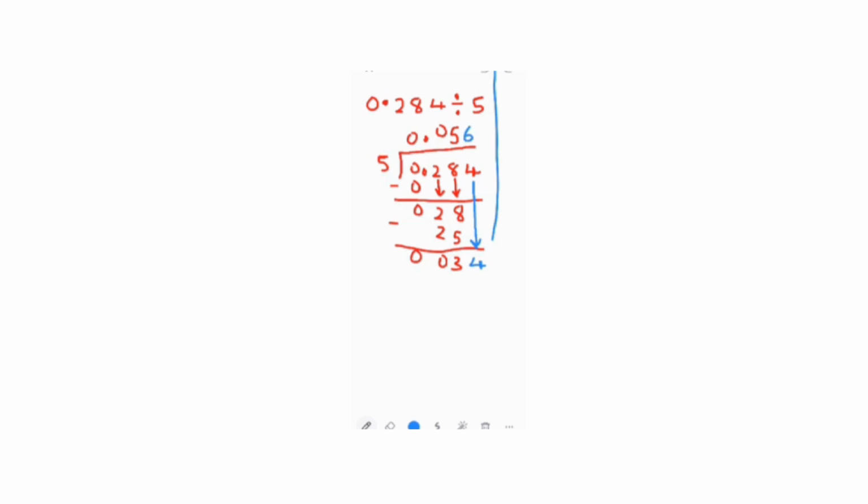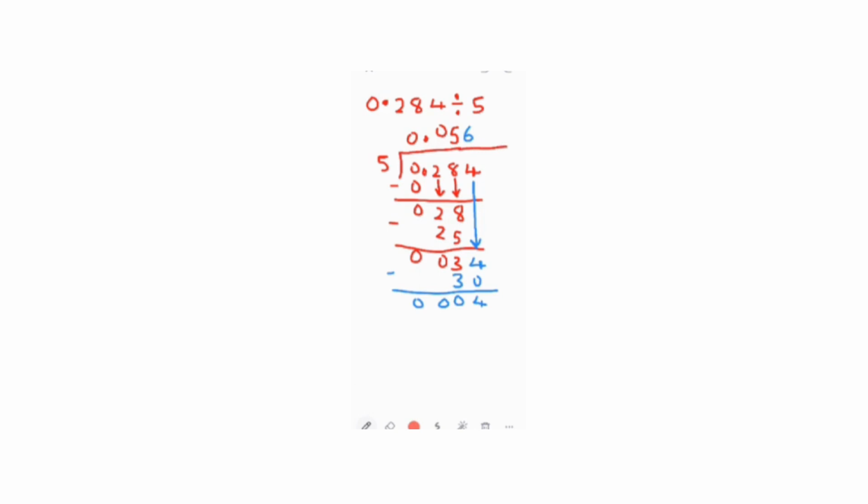You write 6 at the top, and then you multiply. 5 times 6, that gives what? 30. You write it, then you subtract. 4 minus 0 is 4. 3 minus 3 is 0. Then 0. Now, for you to continue with this division, there is something that you can do.